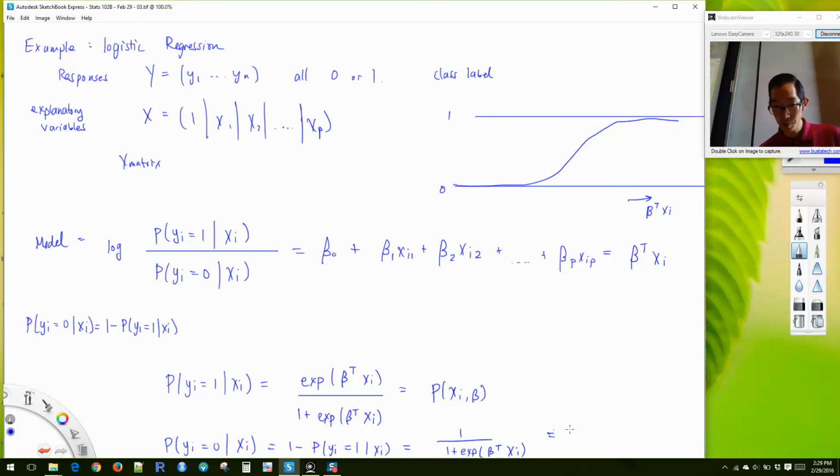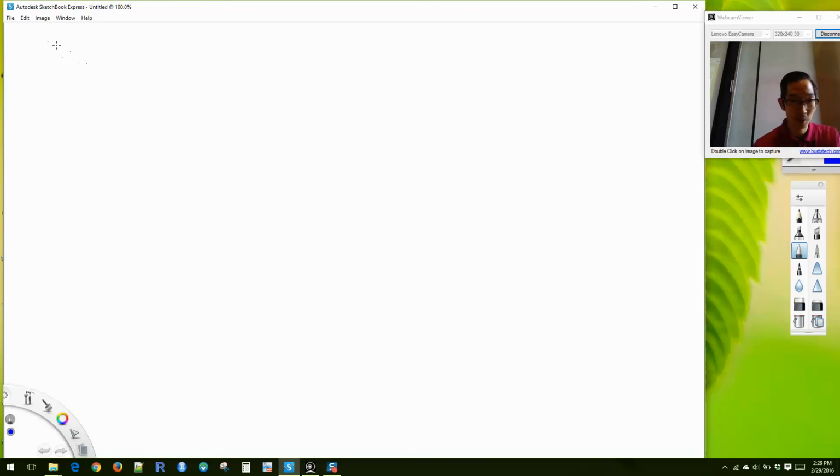To throw this all together, the probability of any value y sub i can be written this way.